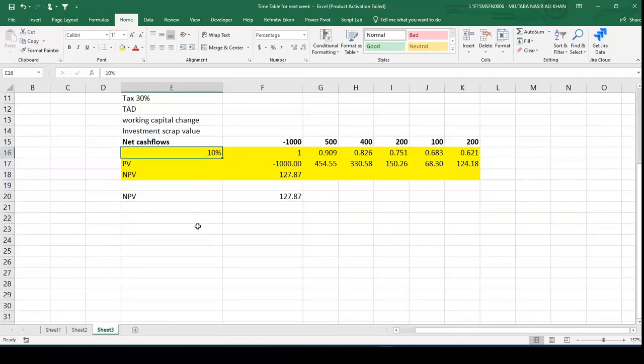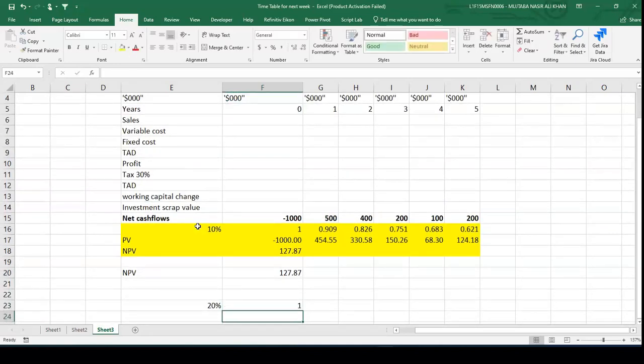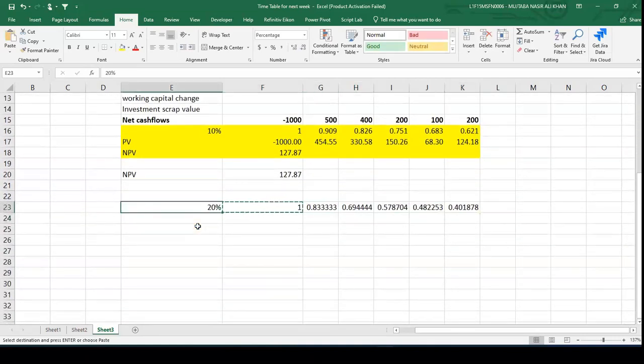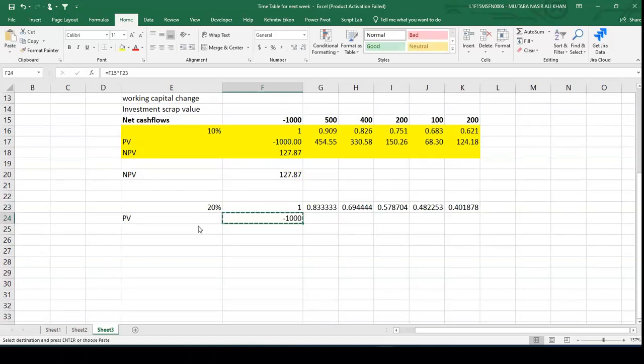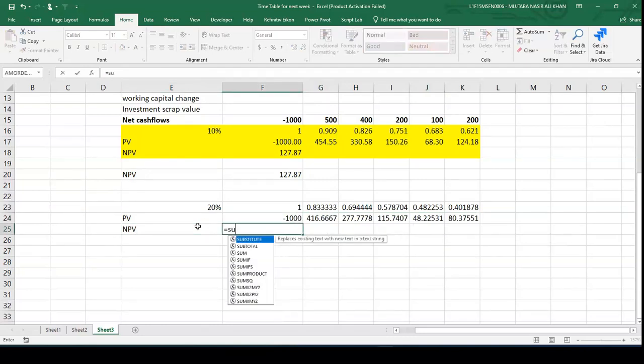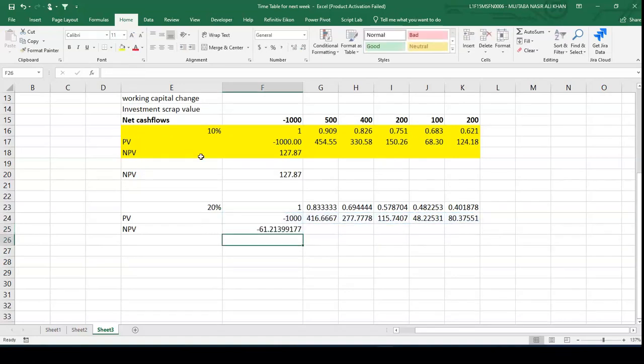First discounting at 10%, second discounting at 20%, and for example, 1.2 raised to power minus, link it with a year, copy it in the next cells, then calculate the PV, into the discount factor, and then calculate the NPV, summing all the values.